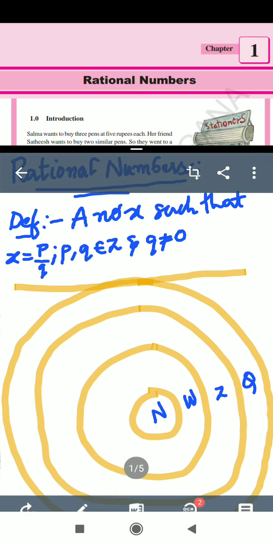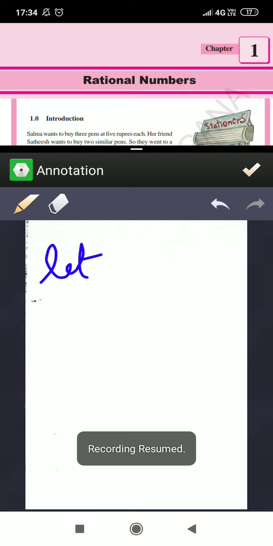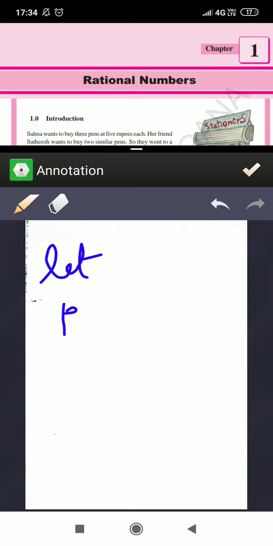Let us consider a situation. Let a number be p. Or otherwise we just imagine a number as m. Suppose m is equal to p by q.